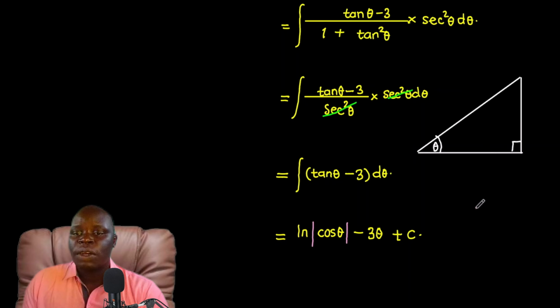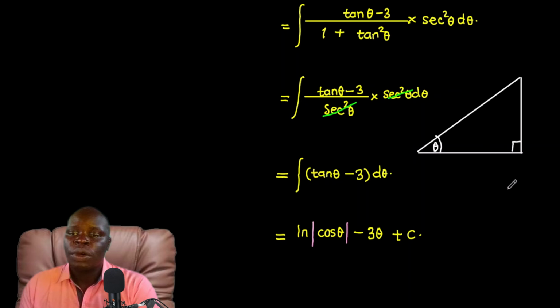Again, from this right angle triangle, we also know that tan theta, which is given by x plus 3, we can give the whole of this over 1.